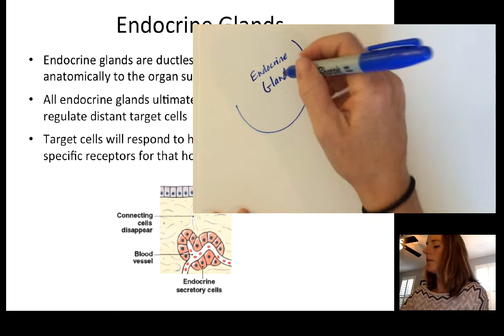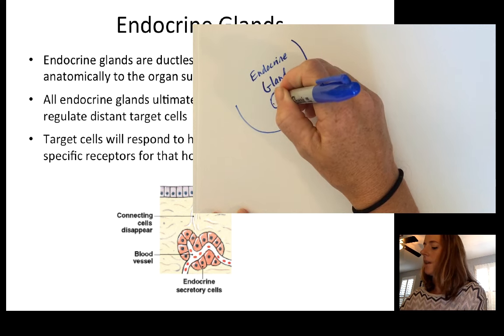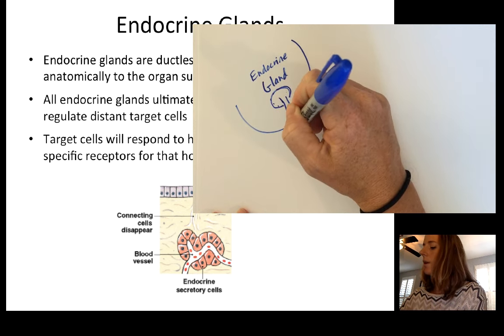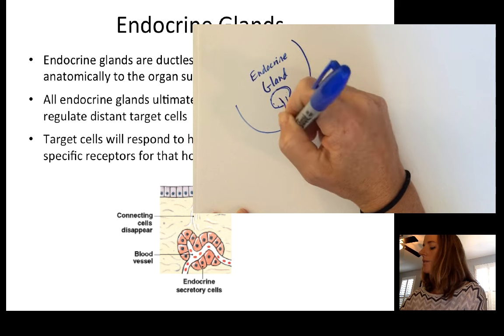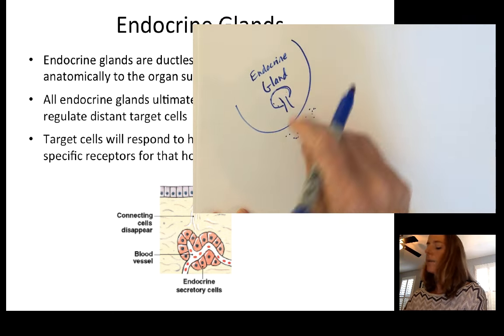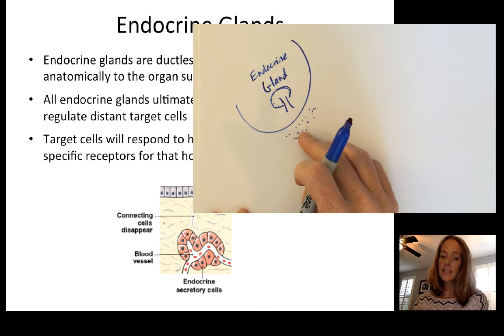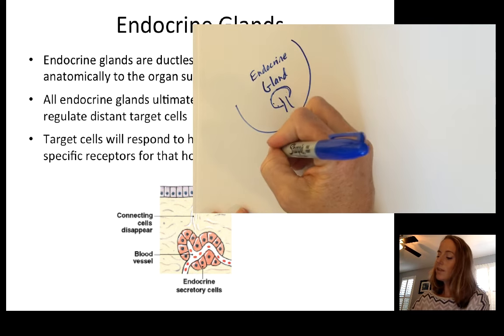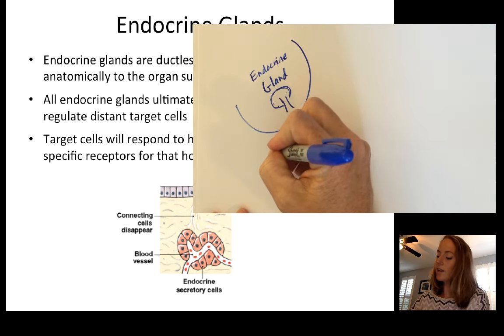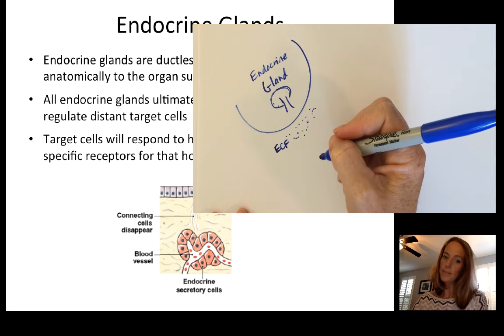We're going to have an endocrine gland that contains secreting cells, and those cells are going to secrete into the space outside of that gland that is not connected to the outside of the body. It's going to go into the extracellular fluid in between the cells.